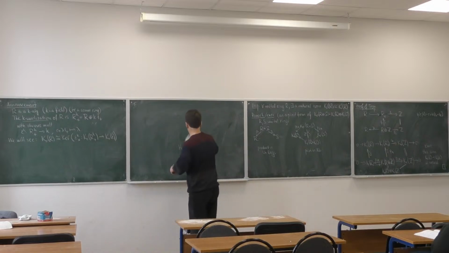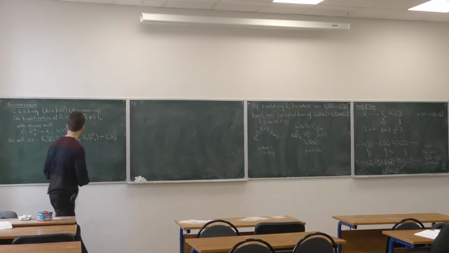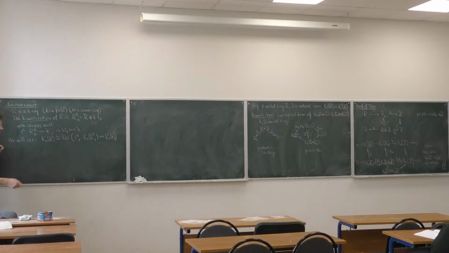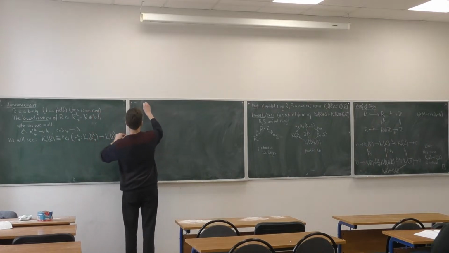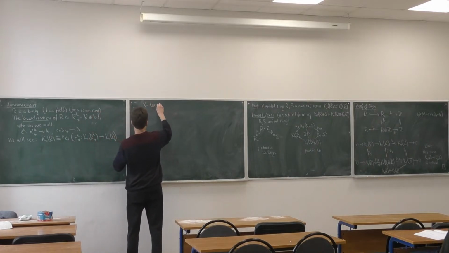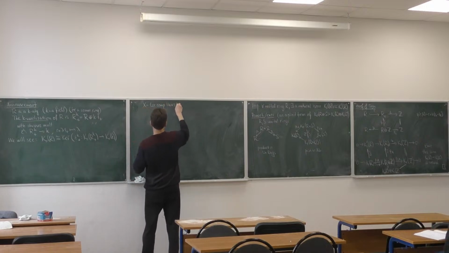This will follow from a useful property of K0, which is called split exactness. At this point, it's probably appropriate to draw a parallel with topological K-theory. So suppose that X is a locally compact Hausdorff topological space.